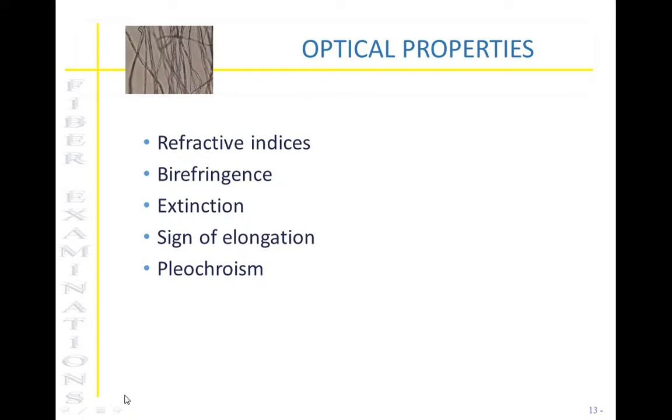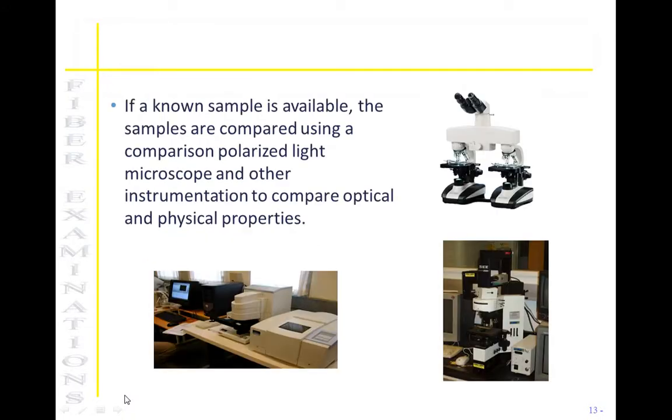So all of these characteristics, whether they're optical properties or physical properties, would initially be determined for an unknown fiber. Then, if a known sample is available, the samples are going to be compared on a comparison polarized light microscope. In addition, other instrumentation can also be used in the comparison of the samples.